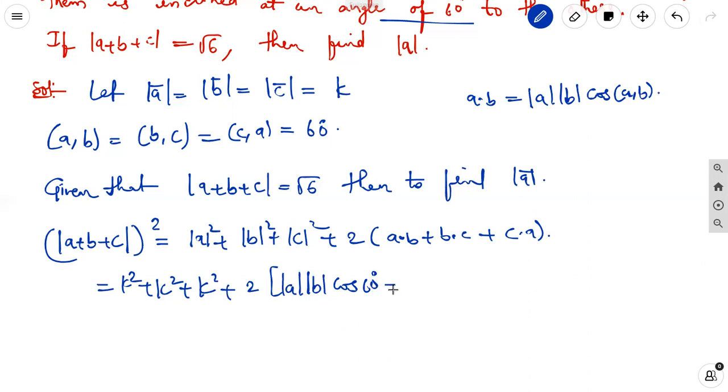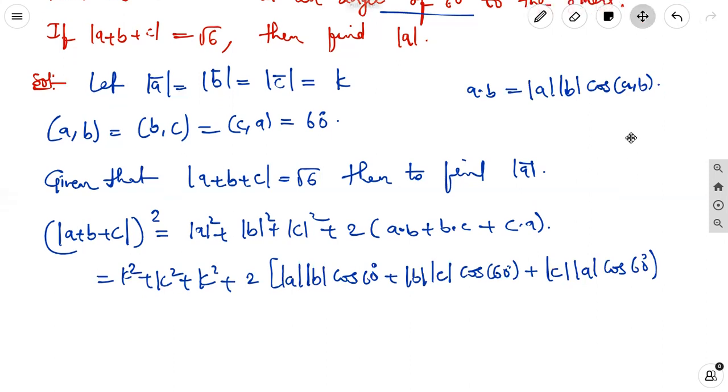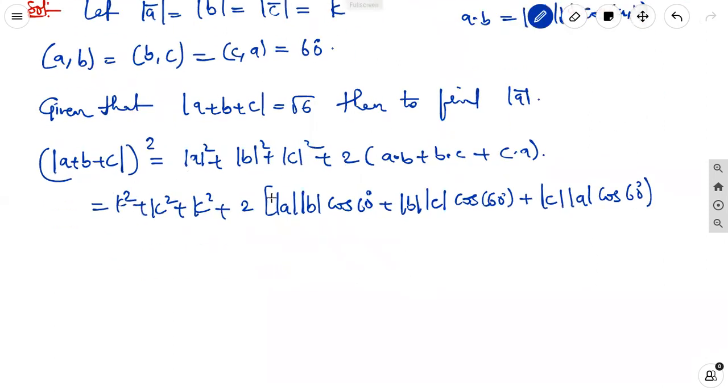In the same case, for b dot c also, mod b into mod c cos of (b, c) is also 60 degrees, plus mod c mod a cos of (c, a) is also 60 degrees. We know that the cos 60 degree value is 1 by 2.